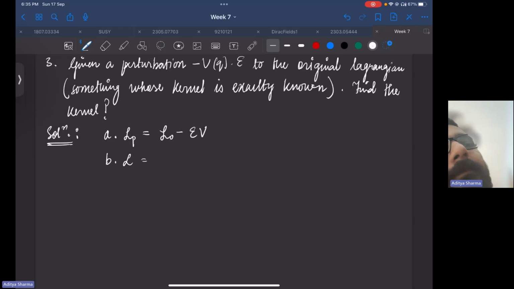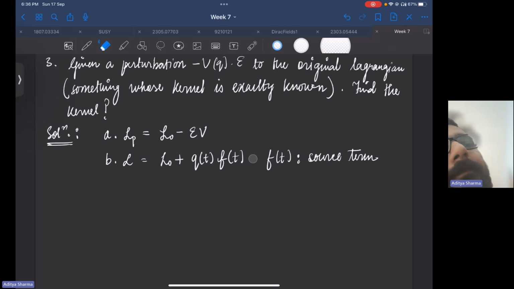Rather, I'm going to write this as L naught plus some Q of t times F of t, where F of t is called the source term.